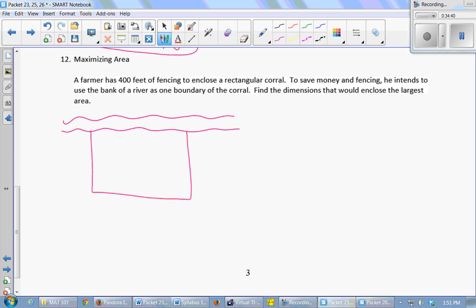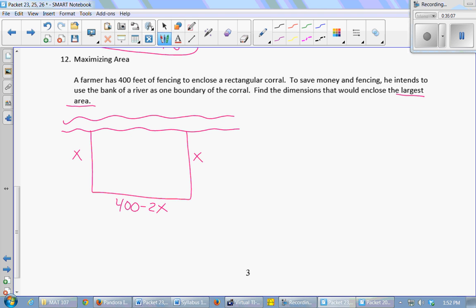So let's say these sides are x, they come x feet out from the river. How many feet would he have to build the horizontal part? 400 minus what he's already used, right? So this would be 400 minus 2x. So I want to enclose the largest area, right?